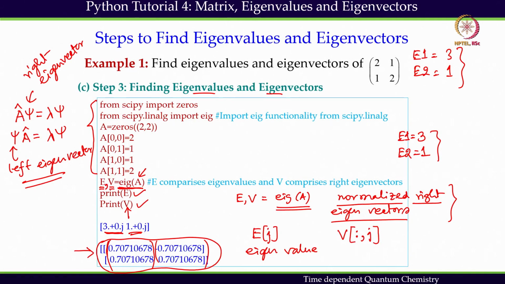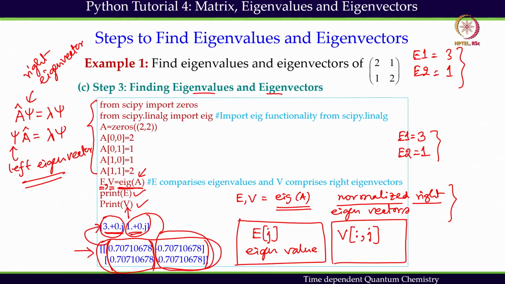This particular column is associated with this eigenvalue, and this particular column is associated with this eigenvalue. This is the way they are representing it. So if I need to pick up the eigenvector corresponding to a particular eigenvalue, I have to follow this way. V has all the information hidden.